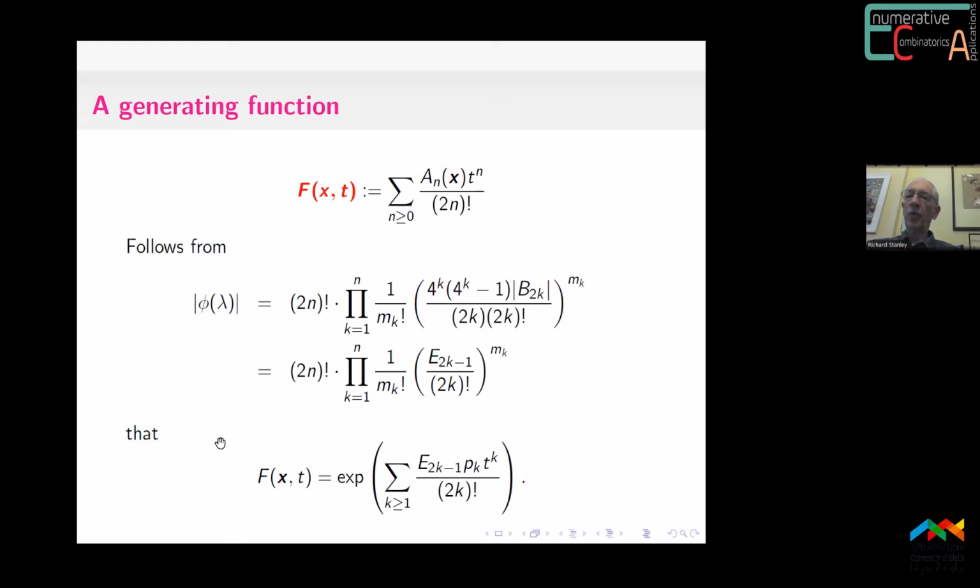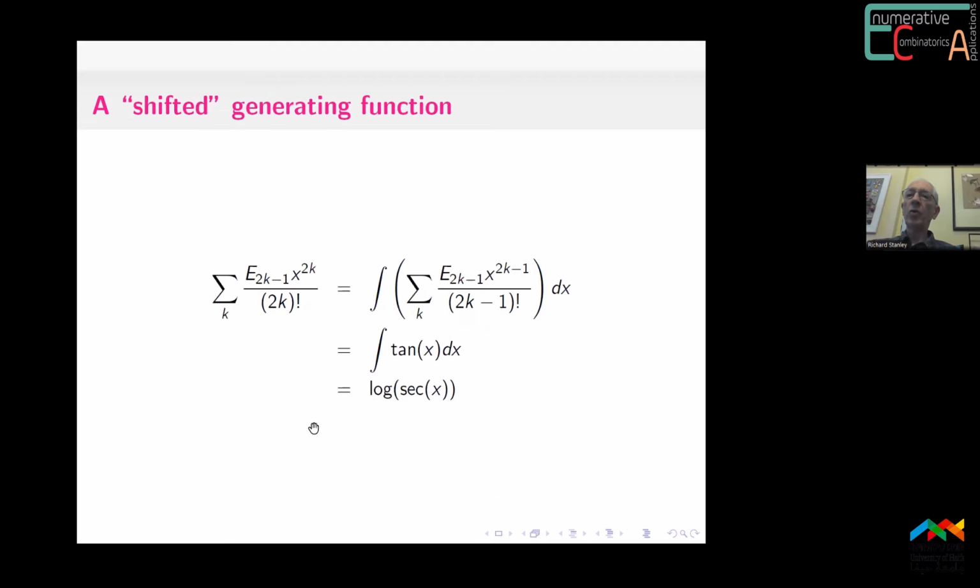Now, to go further, I want to evaluate this sum. So we have to look at, forget about the p_k for the moment, E_{2k-1} t^k over (2k) factorial. I call this a shifted generating function because the subscript is 2k minus 1, but the exponent is 2k.